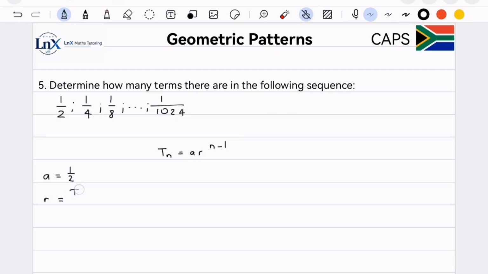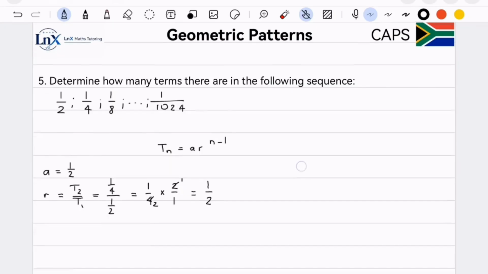So we take the second term divided by the first term, which is 1 over 4 divided by 1 over 2. This is the same as 1 over 4 multiplied by 2 over 1. 2 goes here once and it goes here twice. So this is the same as 1 over 2. So that's our common ratio.